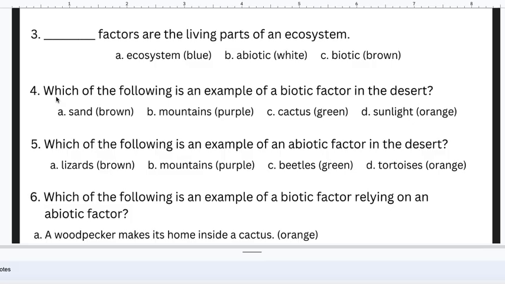Number 4, which of the following is an example of a biotic factor in the desert? A, sand, B, mountains, C, cactus, or D, sunlight? Which one is a biotic factor?